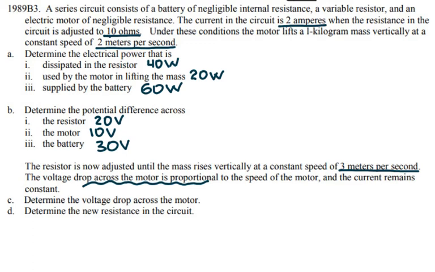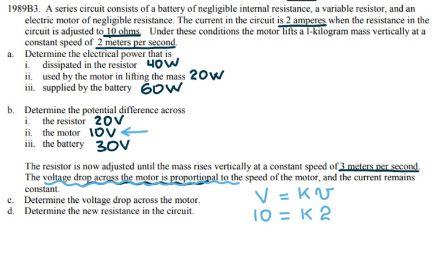When they say that the voltage drop is proportional to the speed, what they mean is the voltage on the motor is equal to some coefficient of proportionality times its velocity. When the motor had a 10 volt drop on it, the velocity was 2.